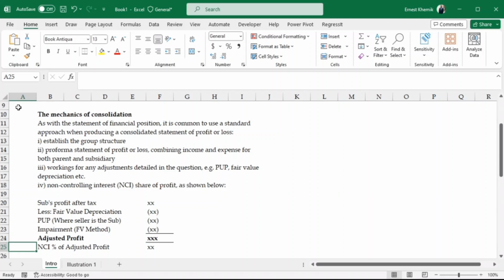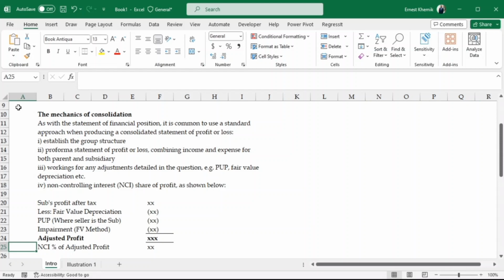Such adjustments may be a provision for unrealized profits, fair value depreciation, dividend payments, interests. All of those adjustments need to be made in our Consolidated Statement of Profit or Loss.